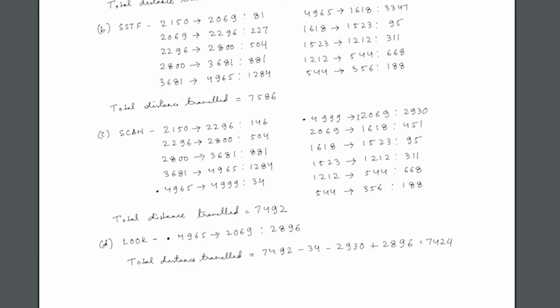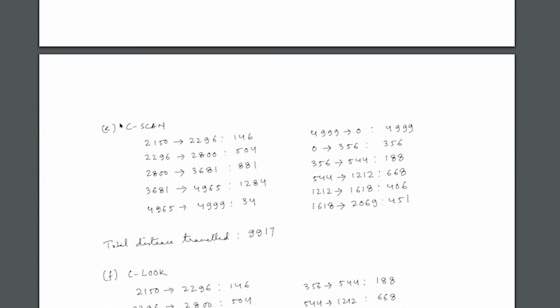These two numbers, 34 and 2930, are removed from the total of SCAN, and I add the direct distance between 4965 and 2069, because when it reverses direction from right to left at 4965, it directly goes to 2069 if the LOOK algorithm is being used. So I'm removing 34 and 2930 from 7492 and adding the distance between 4965 and 2069, and I get 7424.